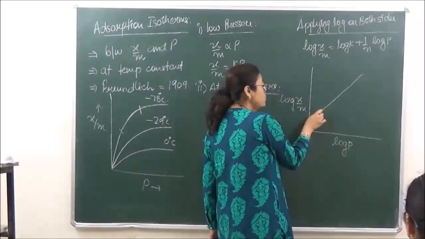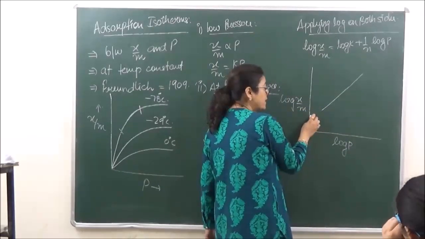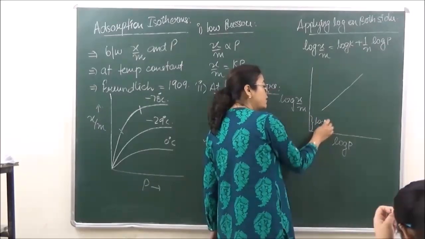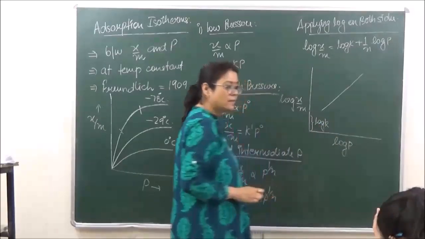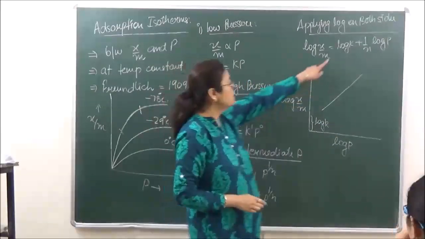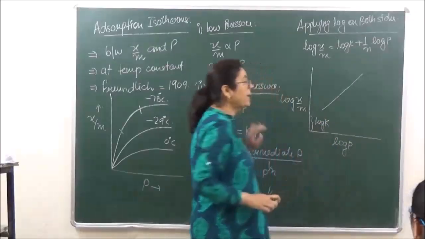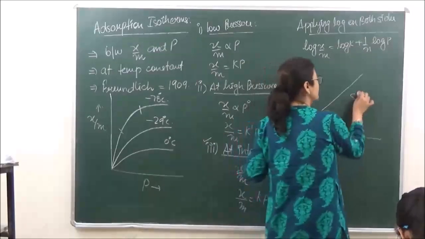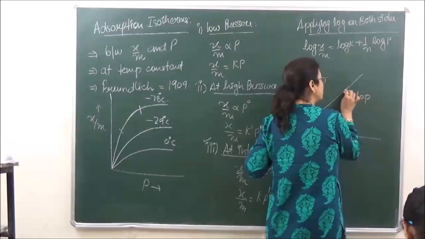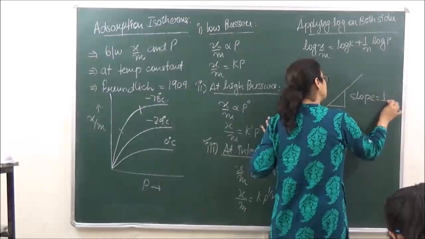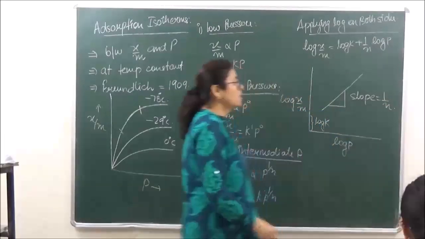If we are extrapolating the graph till here, then the intercept of the curve is going to give us the value of log of k, and the slope of the curve is given by 1 upon n.